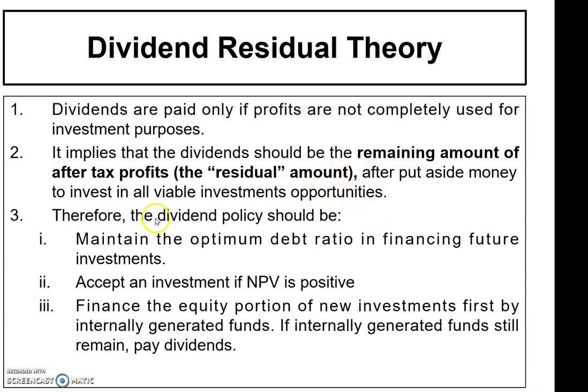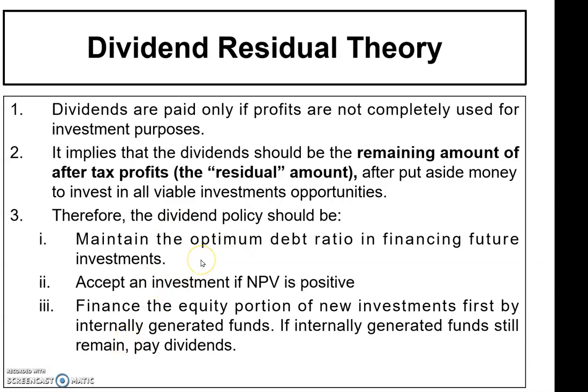So therefore, the dividend policy should be maintained under this theory. If companies apply the dividend residual theory, the company should maintain the optimum debt ratio in financing future investment, so that there will be no excess borrowing.